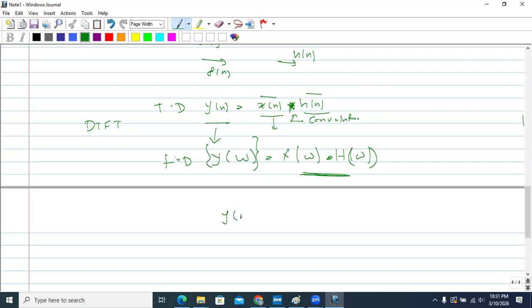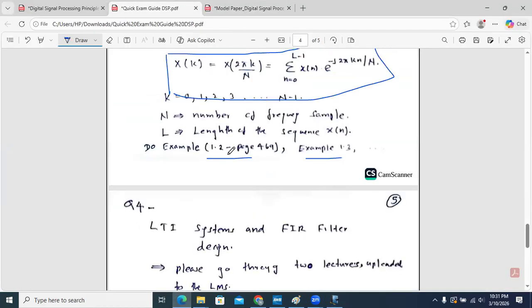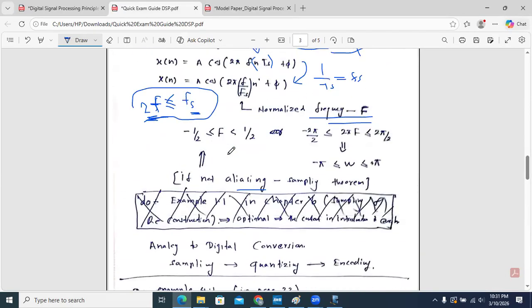Actually, to calculate yn, you need to get the inverse Fourier transform of Y omega. So you have to do an integration. Maybe that part will not come in the exam, but it is also not difficult.